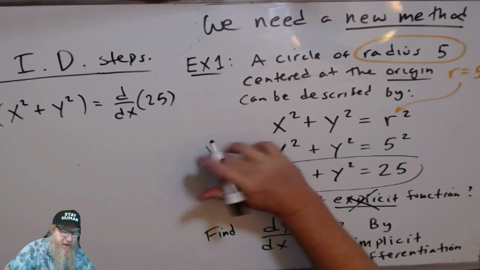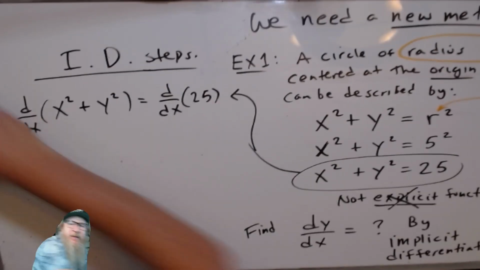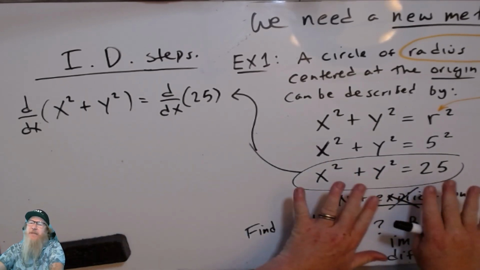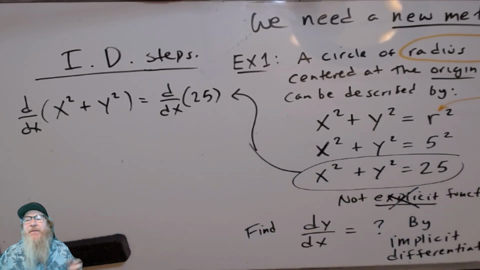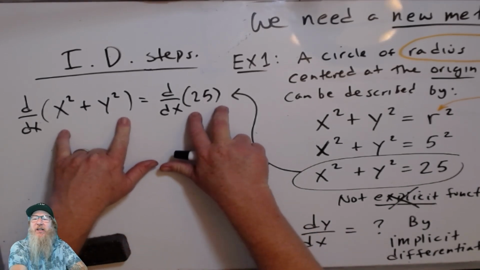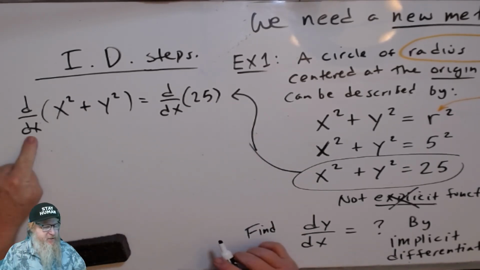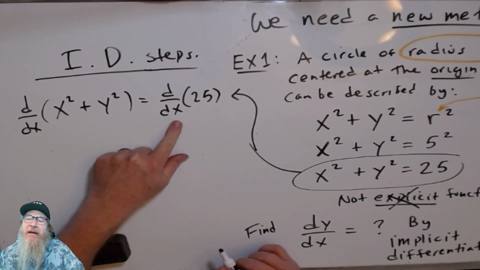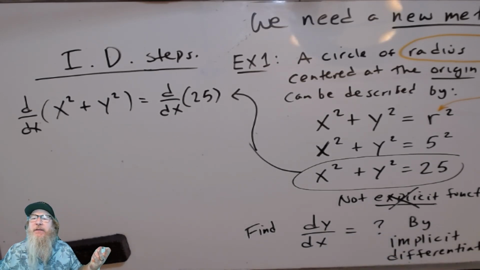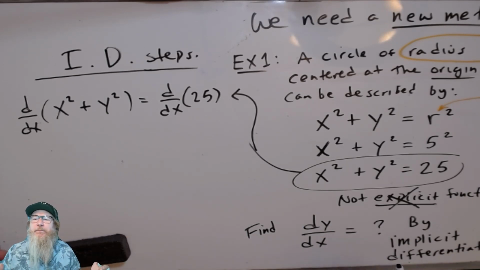I usually add some parentheses around the expressions on both sides. Sometimes these equations might already have parentheses. Typically they don't. So you would add some parentheses just to make it very clear that there are 2 separate expressions on each side. All right. So this is sometimes called a differential operator or simply differentiation. Okay. And notice we don't have an F. We don't have an F prime.